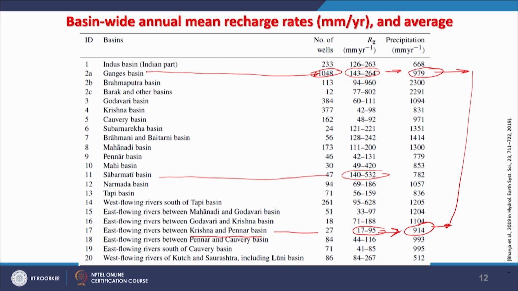If we create such efforts in all these places, see the minimum rainfall here, I think it is shown only 512 millimeter per year, and this is in the Luni Basin in Rajasthan, of course, and Kutch and Saurashtra including Luni Basin. This is, of course, in Gujarat.